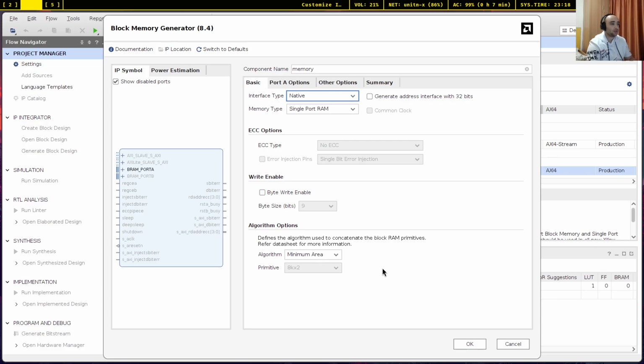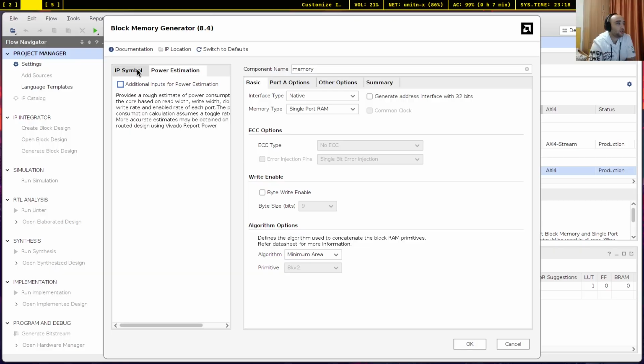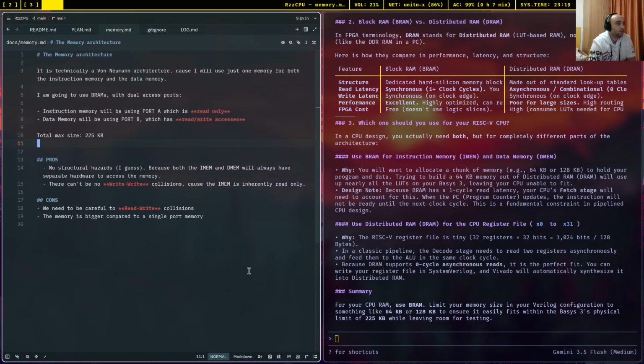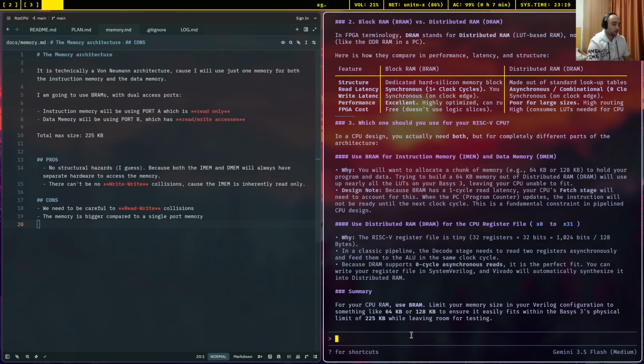Okay, so we now have to see every option here because it's very important. So first of all, generate address interface with 32 bits. Could this be useful? I have no idea. I have absolutely no idea. Okay, cool.